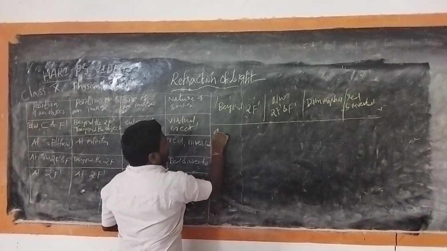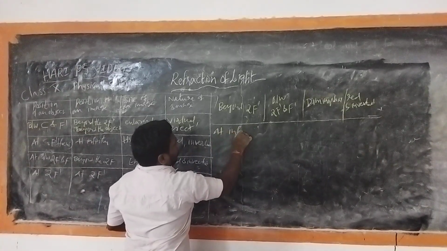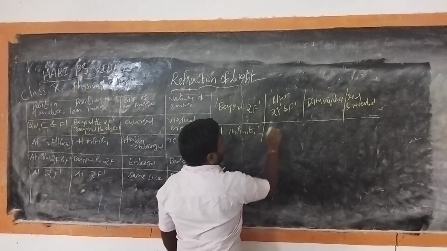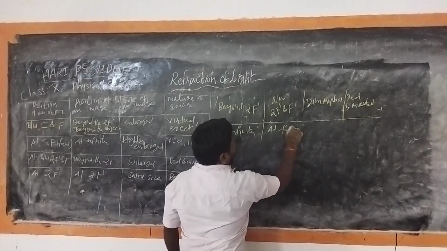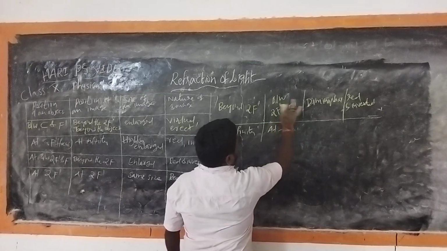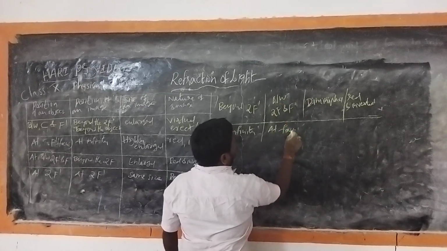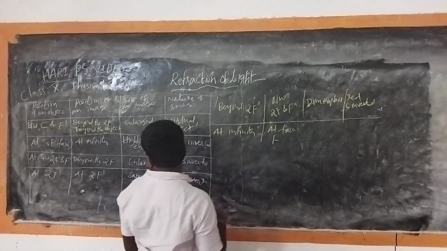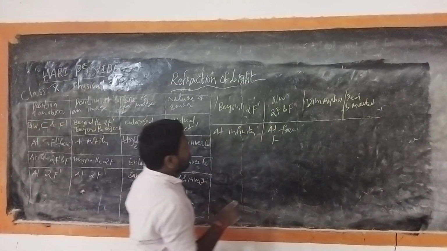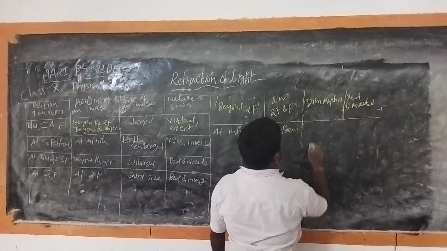Then finally, the object at infinity. The image is formed at the focus. At the focus, what will happen?